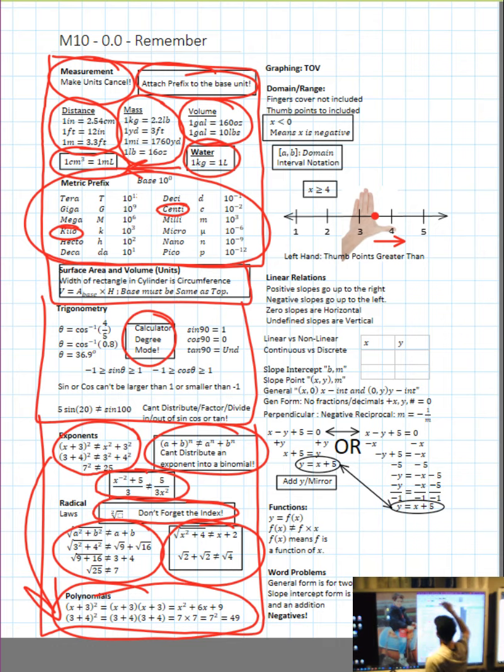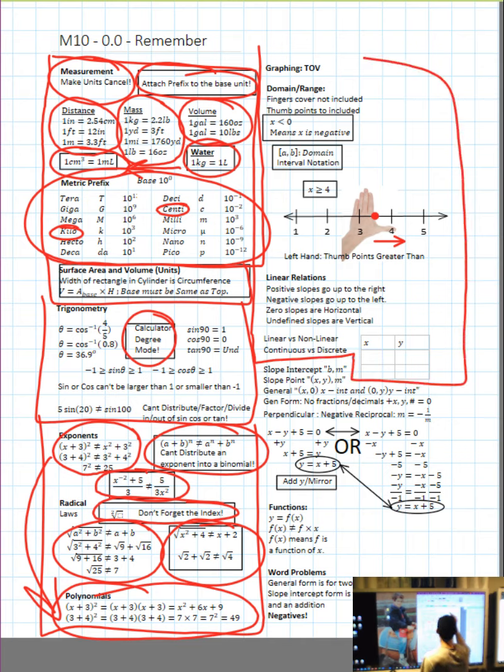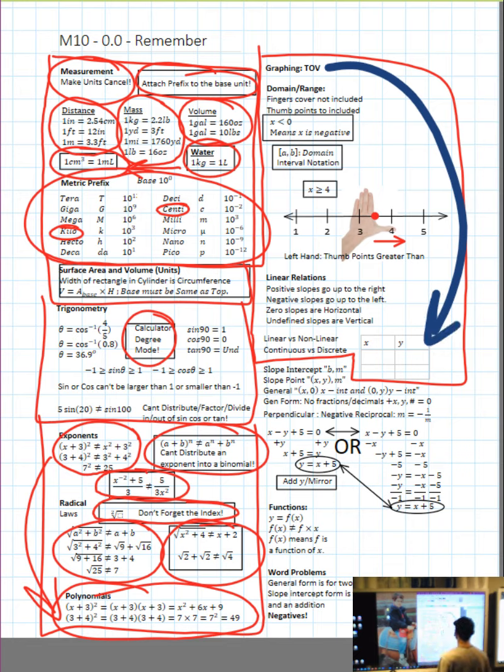Top right-hand corner. So remember, we're going to graph with a table of values. So this is a huge chapter. We're going to graph with a table of values.